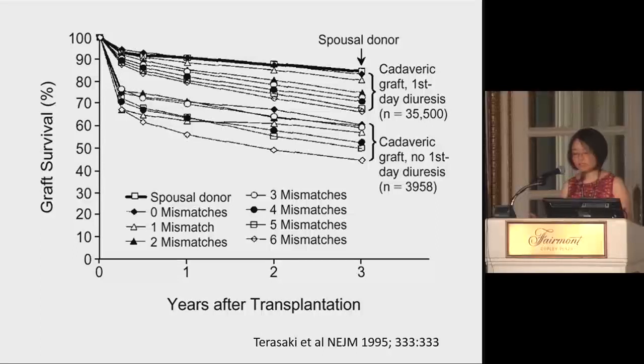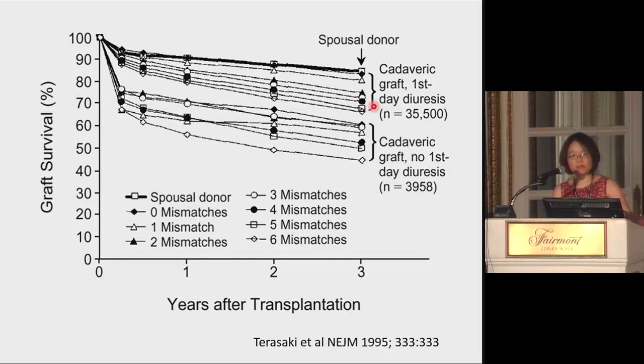Okay, so what does it look like in terms of graft survival, in terms of mismatching? This was the seminal study by Paul Terasaki. If you focus on this top panel here, what you can see is graft outcome definitely matters if you have more mismatches. So with 0 antigen mismatches you have the best graft outcome, and with 6 antigen mismatches you have the worst.